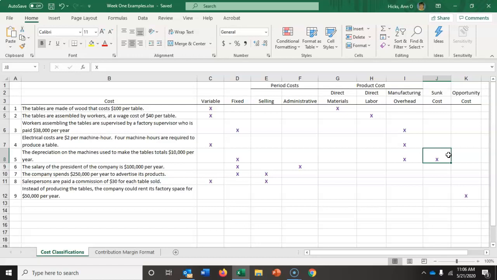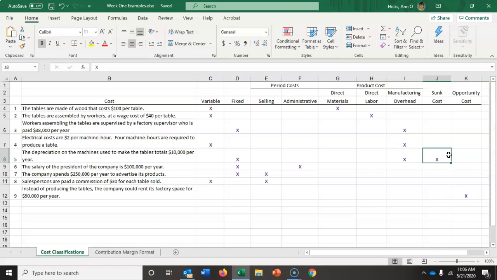This would actually be a sunk cost. Remember, depreciation is the allocation of the original cost of an asset. These machines have already been acquired. If we were to decide tomorrow to quit producing tables and therefore we don't use the machines, we've still spent the original cost of the machines. That's a sunk cost.